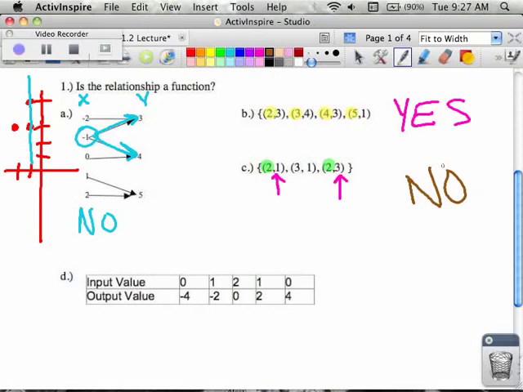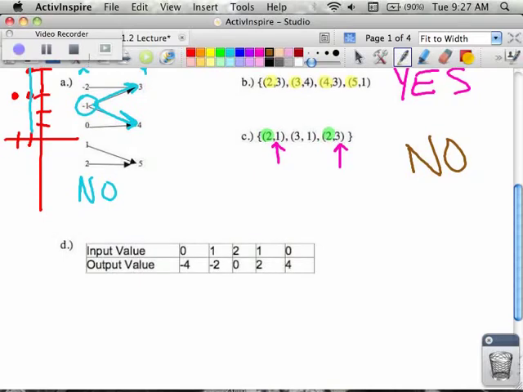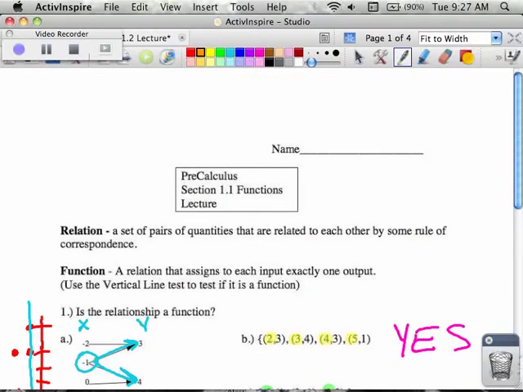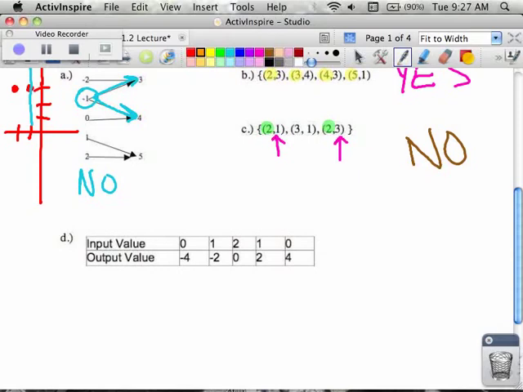And then in letter D, instead of writing them as a chart with arrows or ordered pairs, they put it in a table. And we need to recall, of course, that in a table, the input is my x value and the output is my y value. So as I look at the x values, I notice that there are a lot of things going on here.